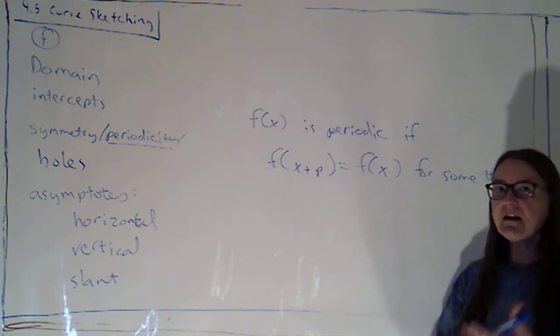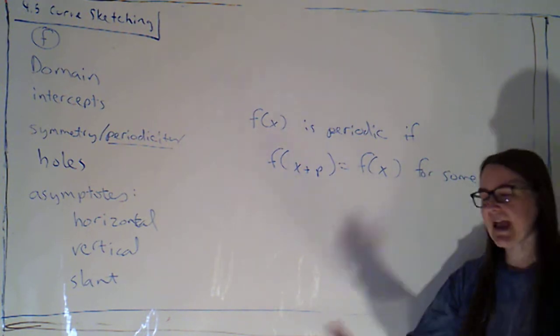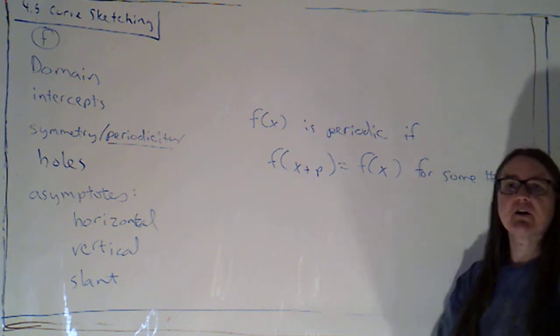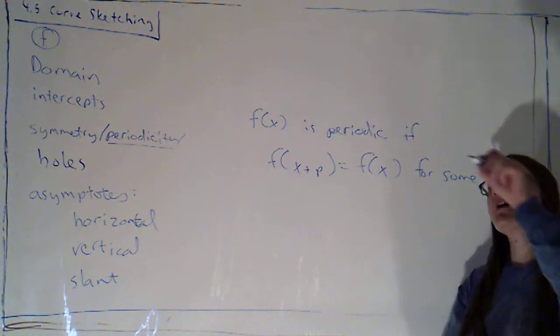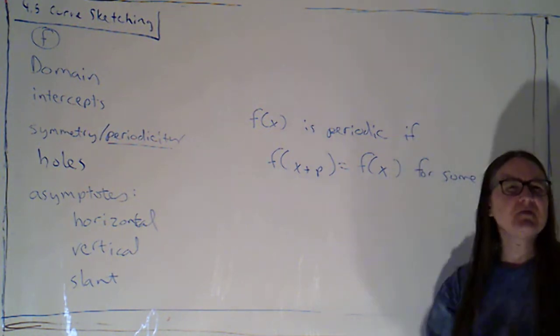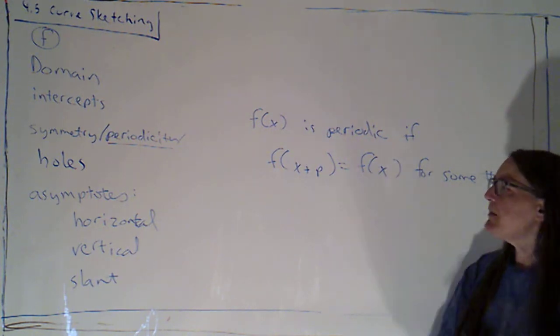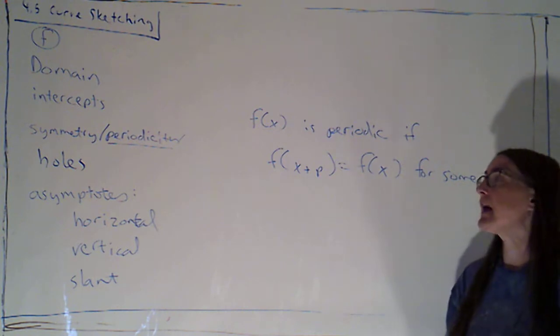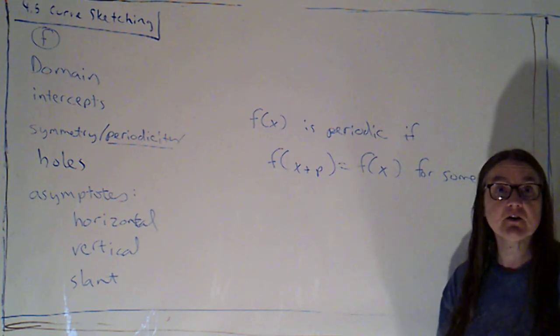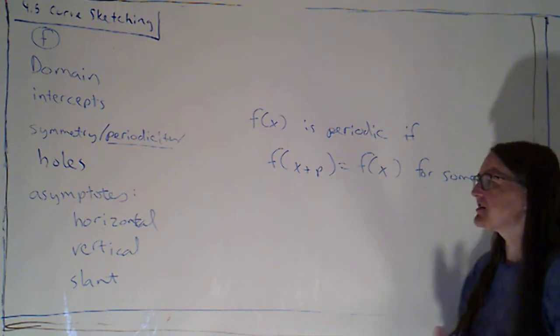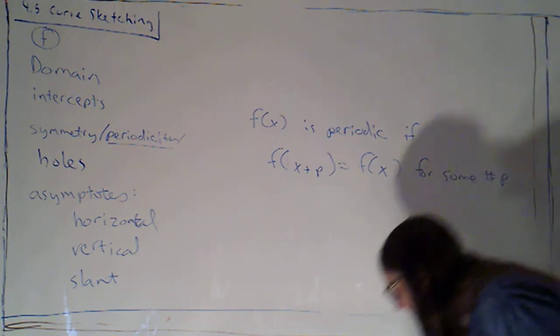If I take sine of something plus 2 pi, I get exactly the same thing as sine of that thing. So when I'm graphing a function that is periodic, I know I can just graph one period and then use arrows to indicate that that continues. Really, the only periodic functions that we're going to encounter this semester will be trig functions. That's not to say that other functions can't be periodic, just that that's not what we're studying here.